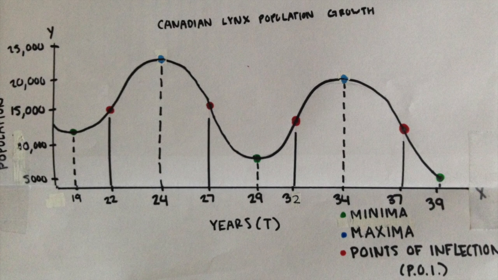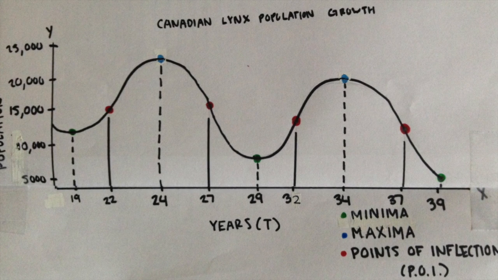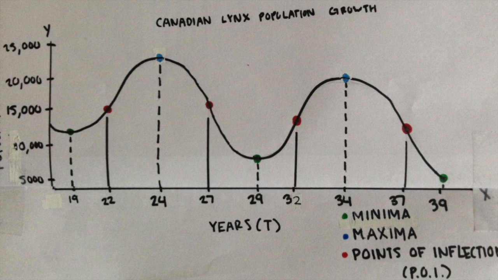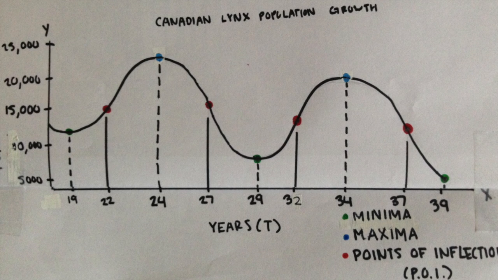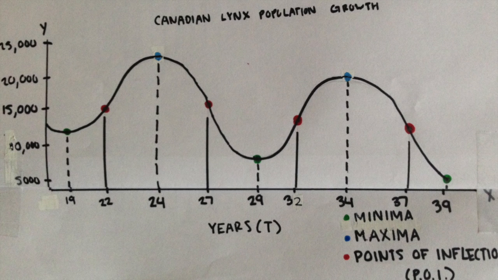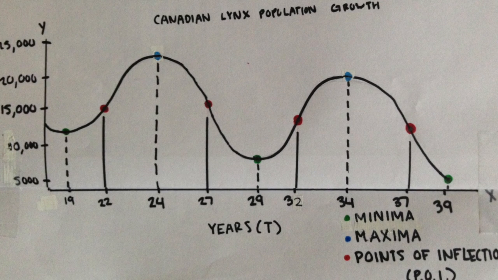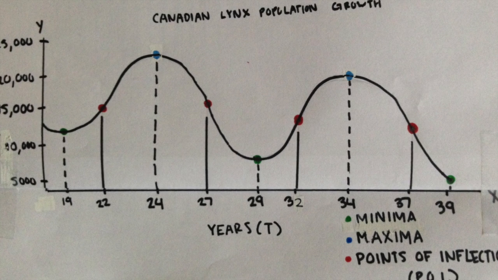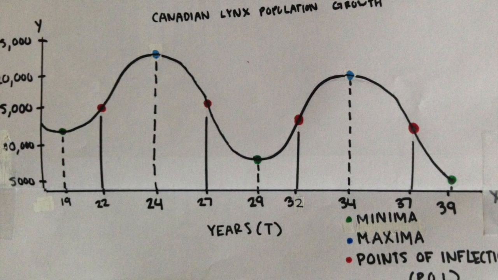At a certain point, or the relative maximum, the population of the lynx reaches its peak as the hare population begins to decrease, no longer being able to sustain such a high lynx population, causing it to decline, which then results in the increase of the hare population, and the cycle repeats itself.